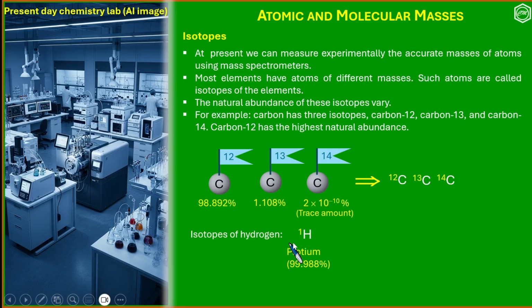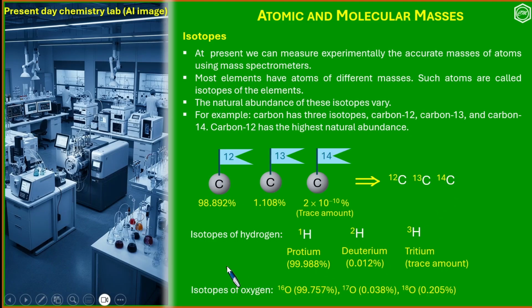The isotopes of hydrogen are protium, atomic mass 1, and the percentage abundance is 99.988%. Then deuterium, atomic mass 2, its abundance is 0.012%. Tritium, that is radioactive, and it is present only in trace amount. Its atomic mass is 3. Carbon-14 also is radioactive.